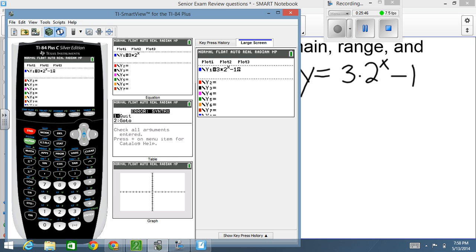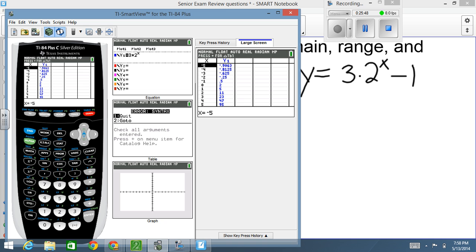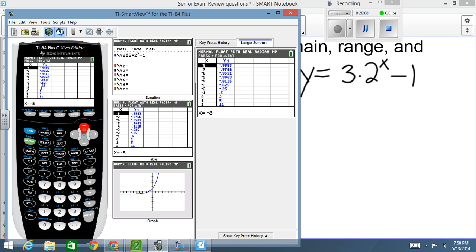And I'm just going to go to my table. Here I see my table, and I see the graph too. It looks like all those y values are approaching -1. They're getting closer and closer to -1, but they are not touching -1.